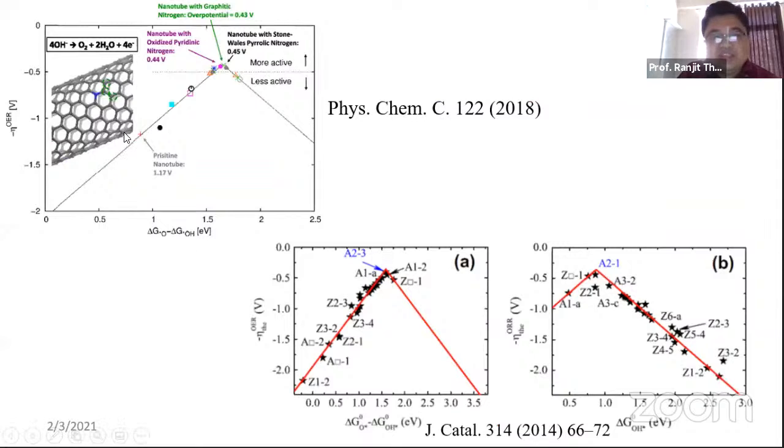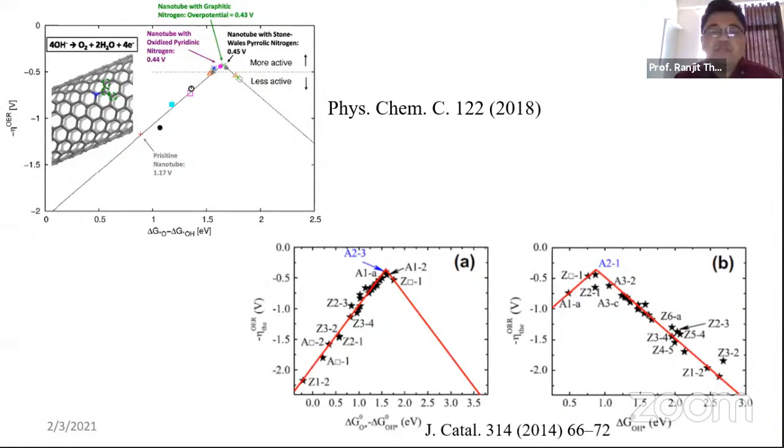If we go on, this is the problem which I'm going to define. And this is where the energy parameters come in: the free energy change of O minus the free energy change of OH is termed the energy parameter of OER, whereas for ORR, delta G OH is the energy parameter. These are the oxygen evolution reaction, OER, and oxygen reduction reaction, ORR.